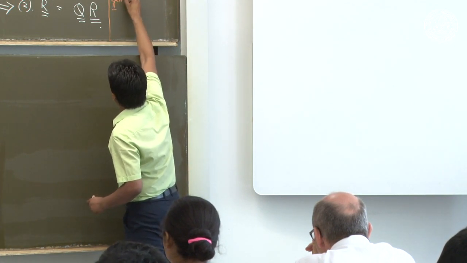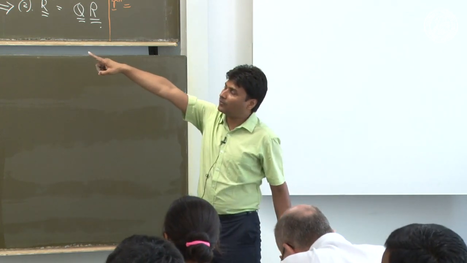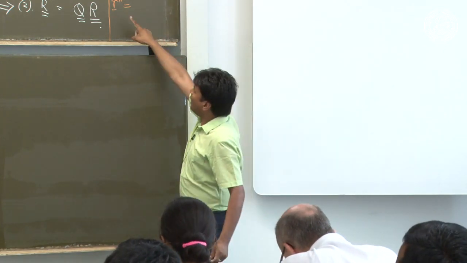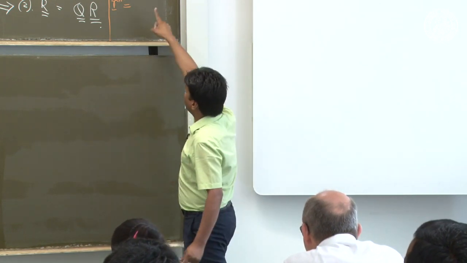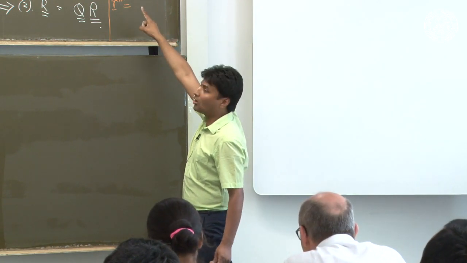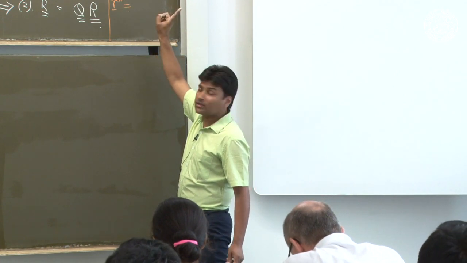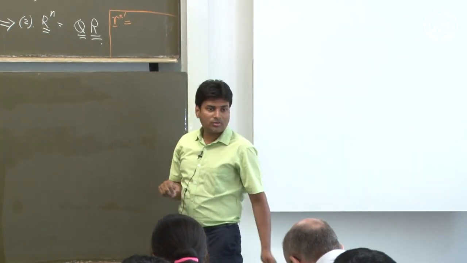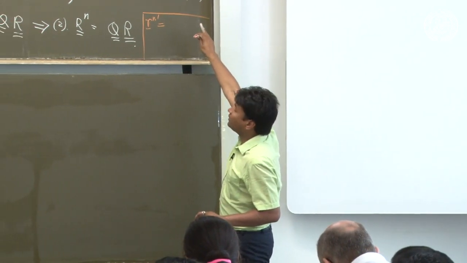So what's your R nu prime here? Because you have to get your R prime also there. What's your R nu prime? You just take the prime of this quantity. X naught is constant, goes away. T is a constant, goes away. Q is also a constant, you don't take its derivative. So only small r is there.